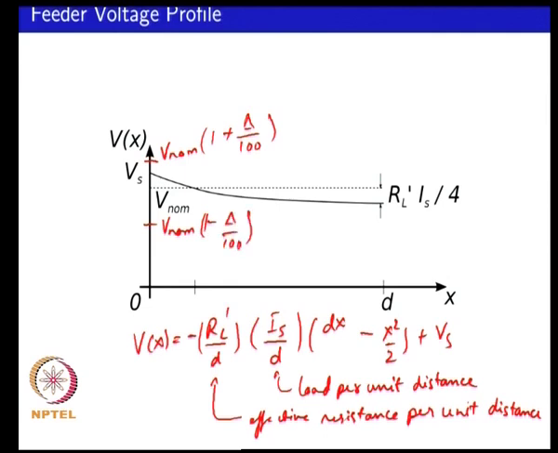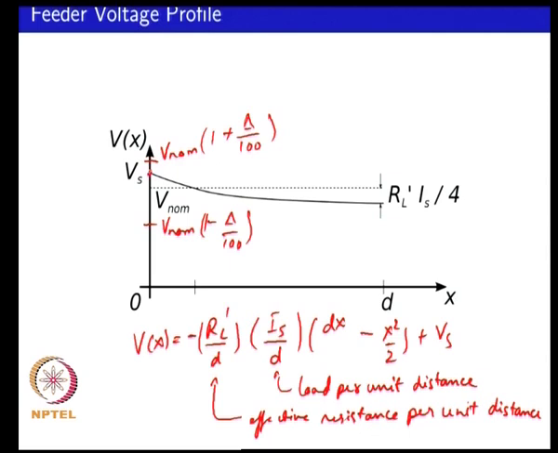So, depending on what your delta is, you want to keep the entire feeder voltage to be within this window. Okay. Then the other thing that can be noticed is that you are not trying to keep the voltage at the substation end to be exactly equal to the nominal.